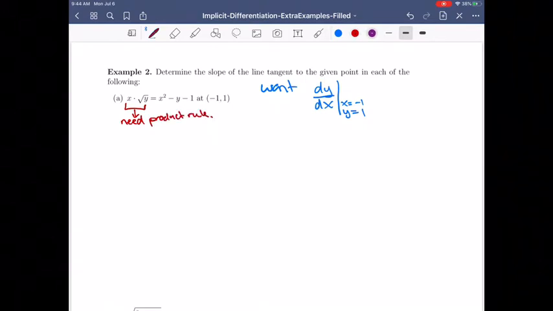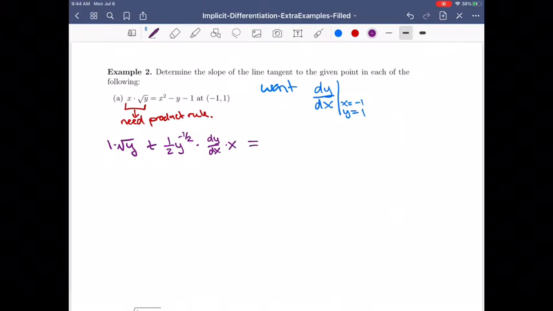Okay, so the derivative of x is 1 times square root of y, so I did not differentiate the y, plus the derivative of square root of y, which is 1/2 y to the -1/2 times my y prime, or I'm going to use dy dx here just to be different, times the first function x.